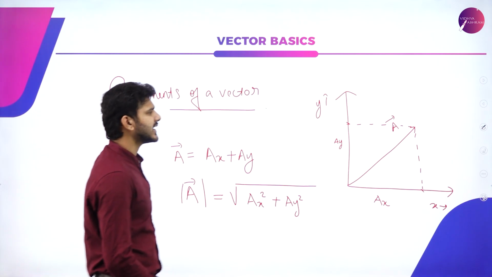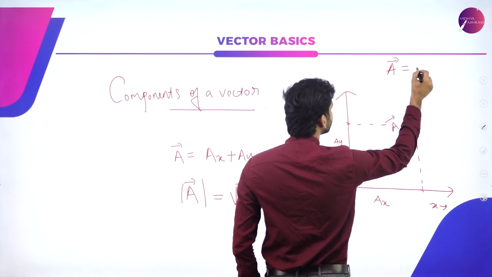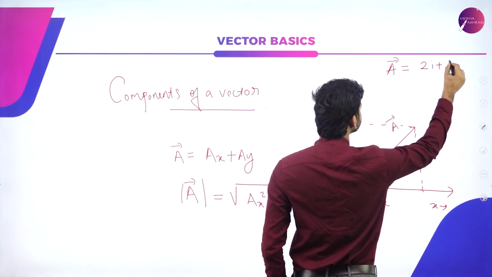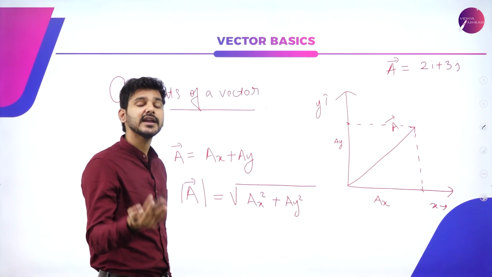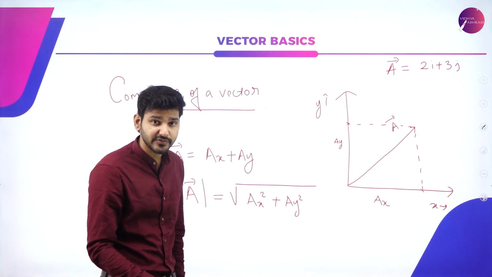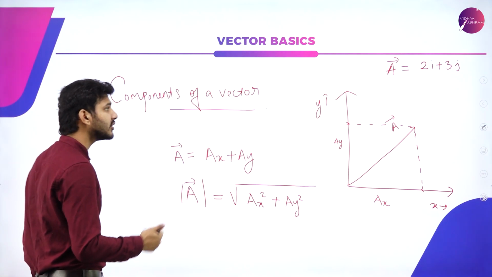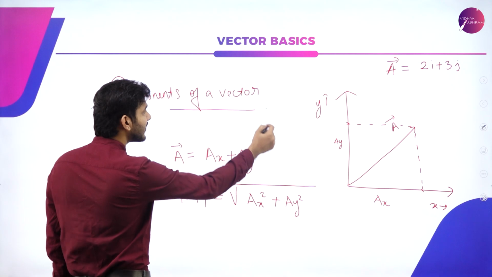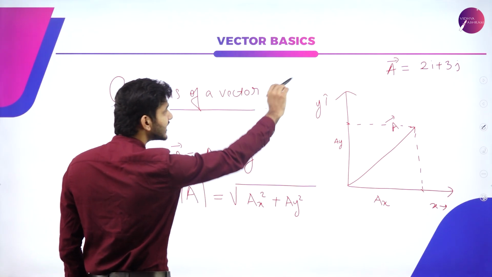For example, let's say vector A is equal to 2i plus 3j. That is the vector. Find the magnitude value of that particular vector and find the unit vector. That is the question. So what do we do? The first thing we have to do is write it down in its ax and ay components, which means it is already written down.